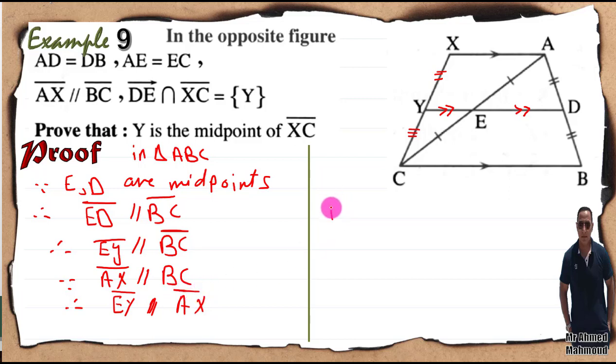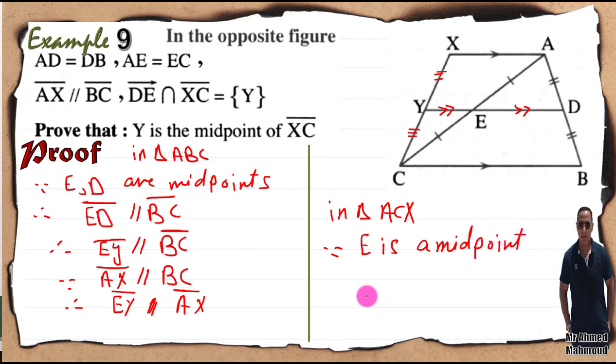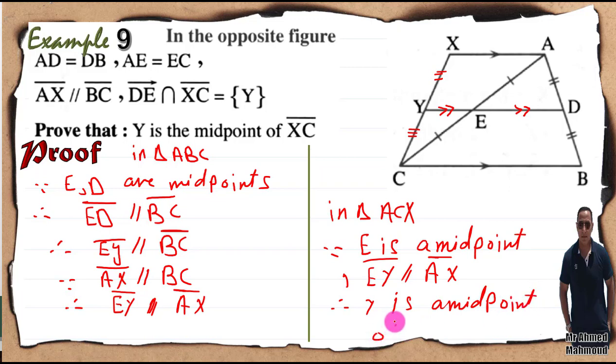Now in triangle ACX, since E is a midpoint of AC and EY parallel to AX, therefore Y is a midpoint of XC.